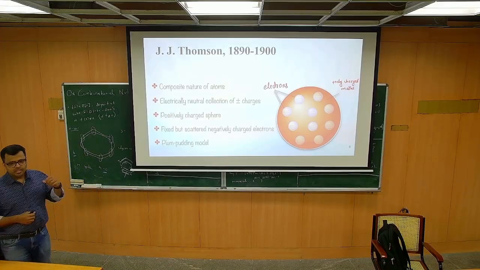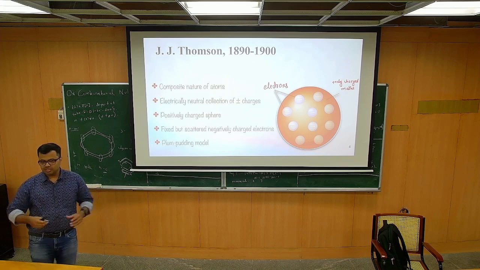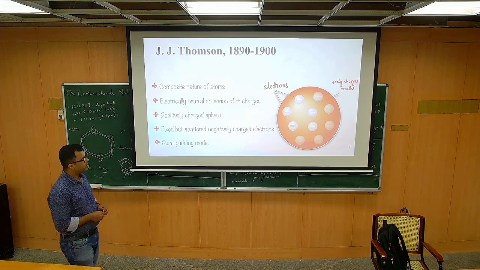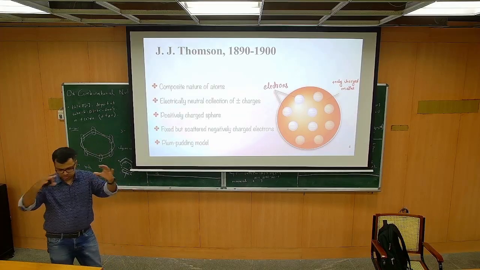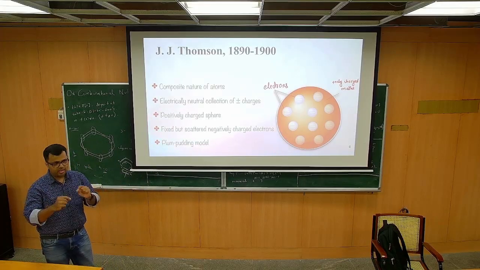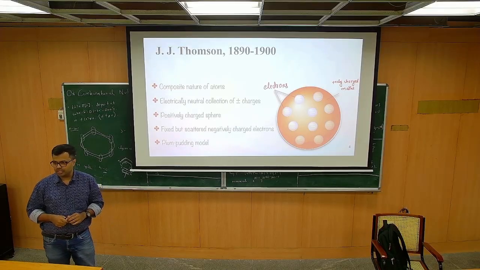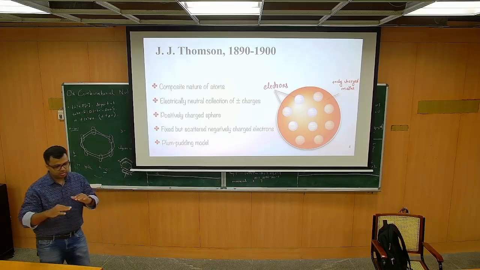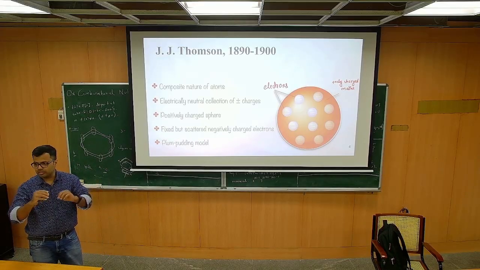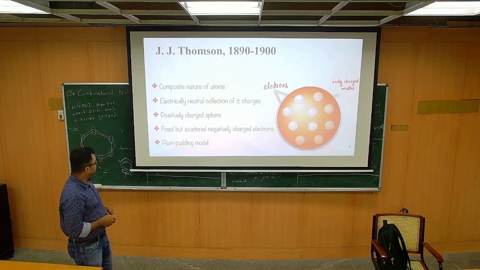Given that we get some negatively charged particle out of these spheres, they are probably made of a big positively charged lump, with electrons scattered inside it. He did not give much scientific detail. He just said these are divisible, positively charged spheres with electrons fixed and scattered in that sphere. This is typically referred to as the plum pudding model.